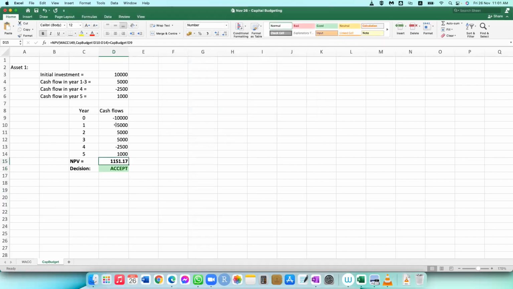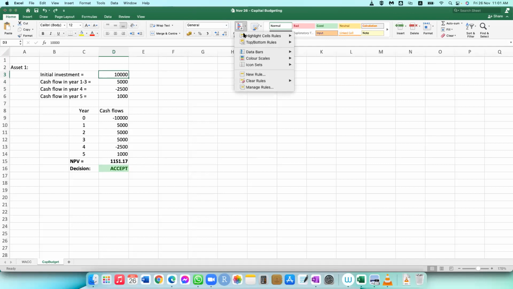So let us see if we increase the initial investment to a very high investment so that the NPV becomes negative. Yeah, it is working. So these are things that you can play around with. I'm just showing you to encourage you to enjoy the spreadsheet. There are so many other options, like red text, red border, customized formatting.